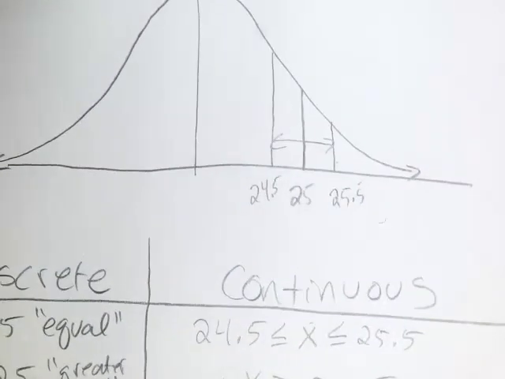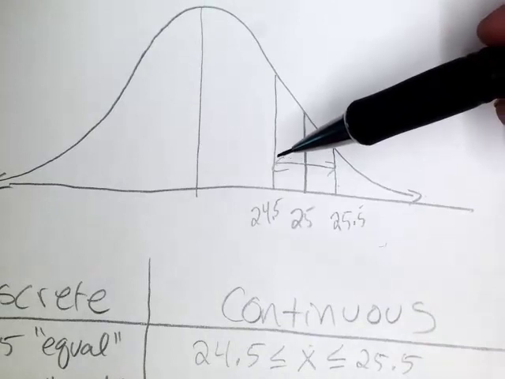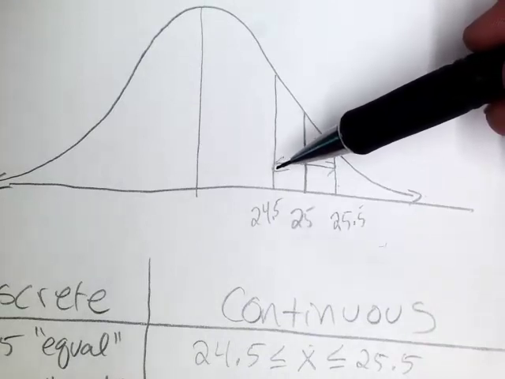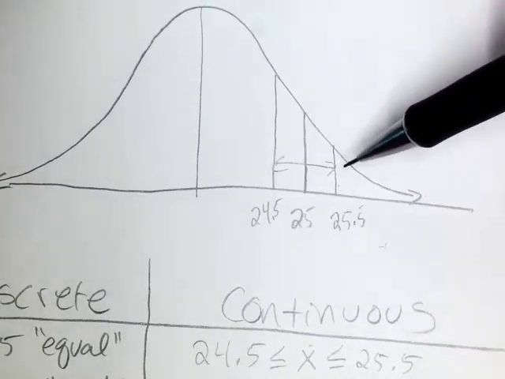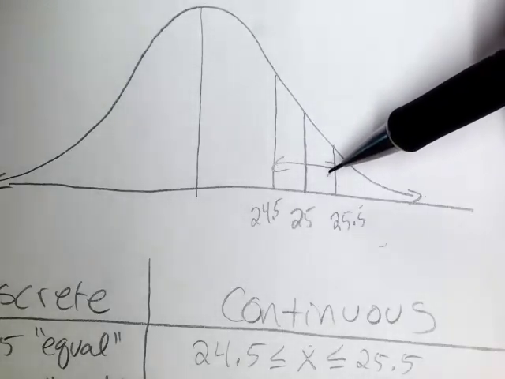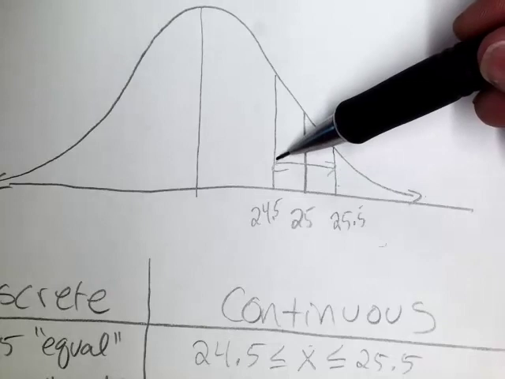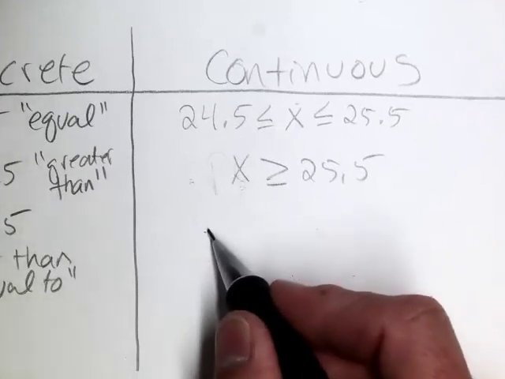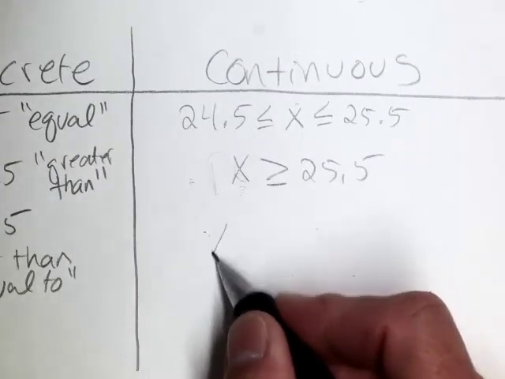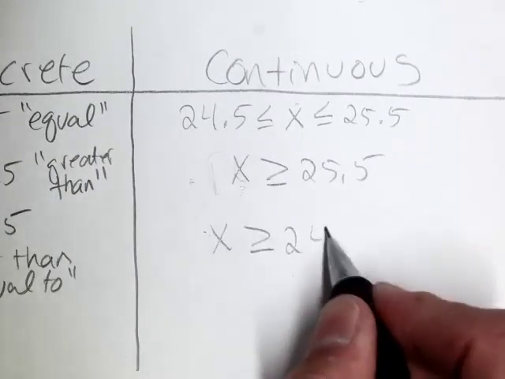Now remember, 25 in the continuous case goes from 24.5 up to 25.5. So if we want to be greater than or equal to 25, we would need to go from 24.5 up to positive infinity. So in the continuous case, that would be x is greater than or equal to 24.5.